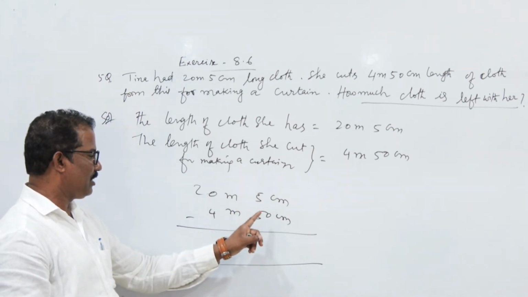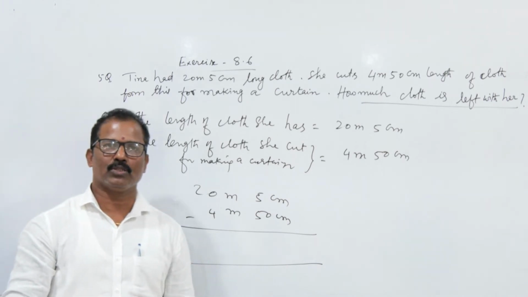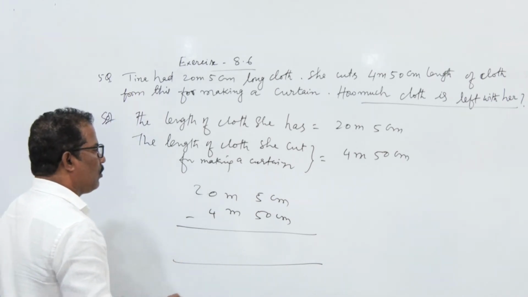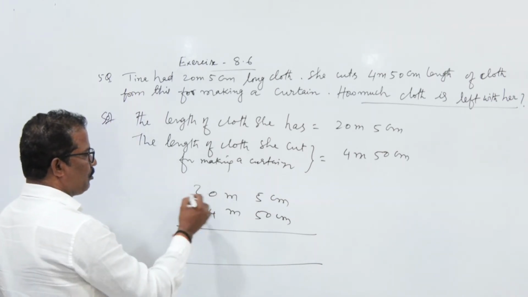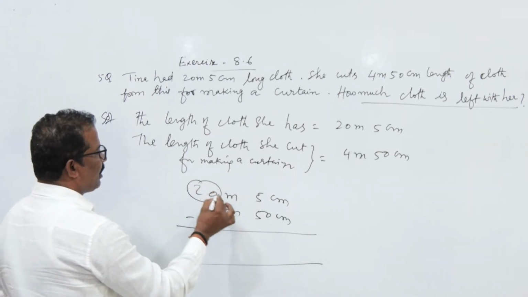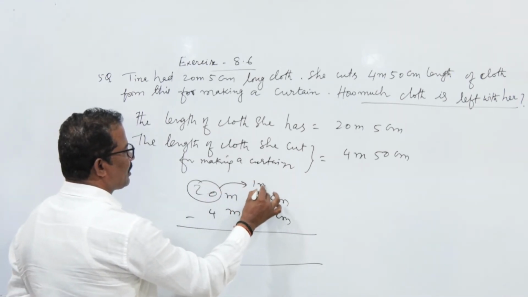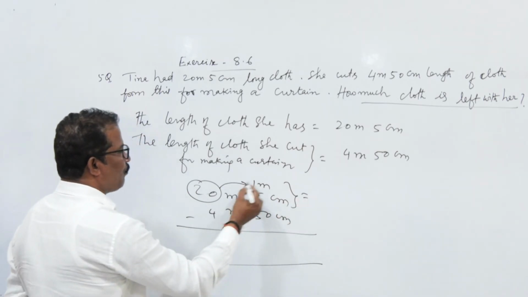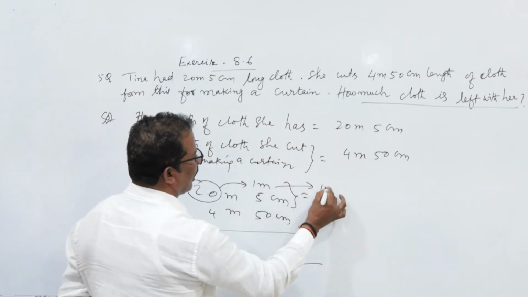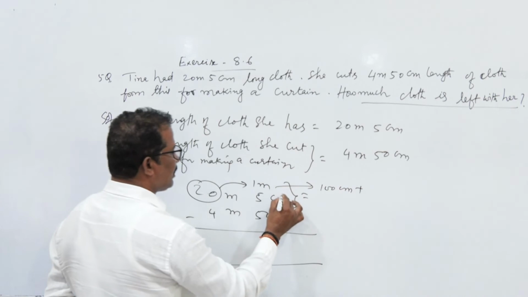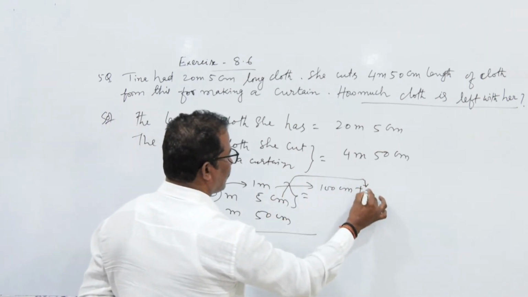From this 5 centimeter, 50 centimeter is not possible to subtract. That means we have to borrow 1 meter from this 20 meter. If you borrow 1 meter, now for 1 meter how much? 100 centimeter and it is now 5 centimeter.